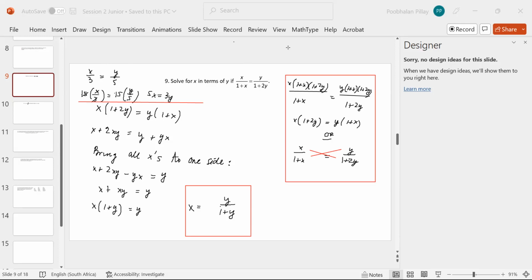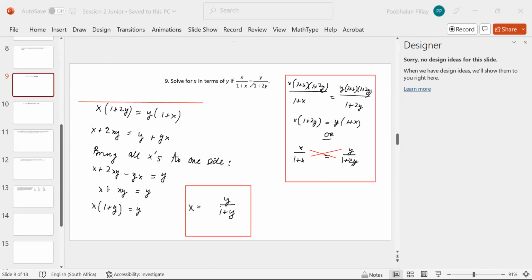Like in this particular case here, you've got x over 1 plus x equals y over 1 plus 2y. So you can do the same thing as we did. A common multiple will be the product of these two.